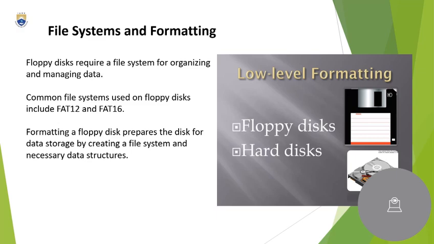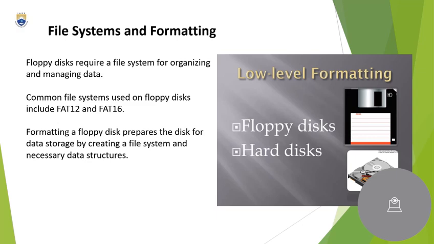Formatting a floppy disk prepares the disk for data storage by creating a file system and necessary data structures. We have low level formatting, with two options, floppy disks and hard disks. We can see images of a floppy disk and of a hard disk also. So this is about file systems and formatting.